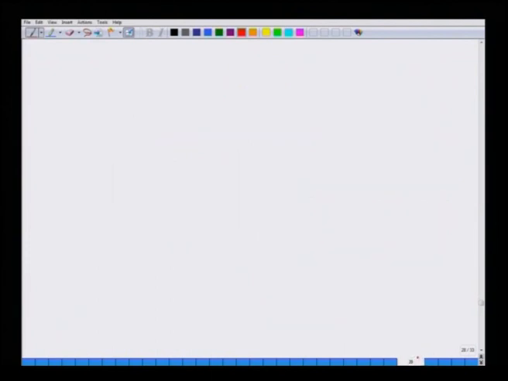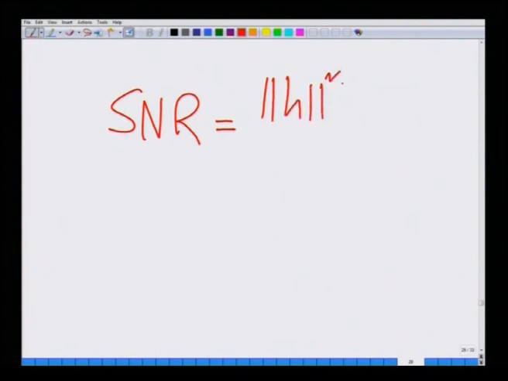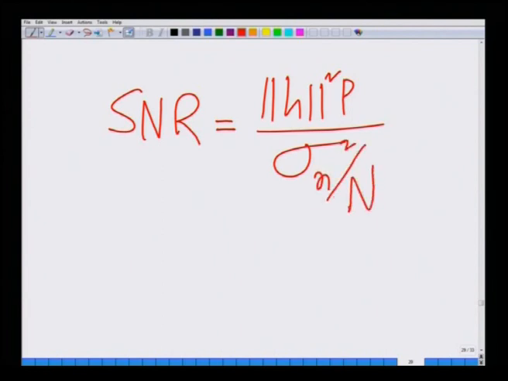Hence, SNR is nothing but norm H square P divided by sigma n square over n.